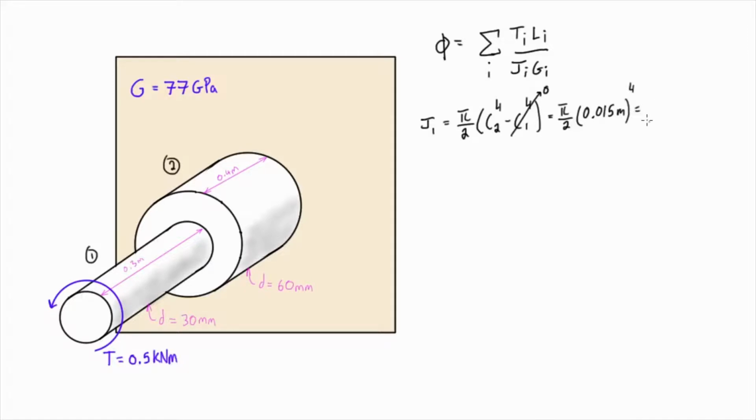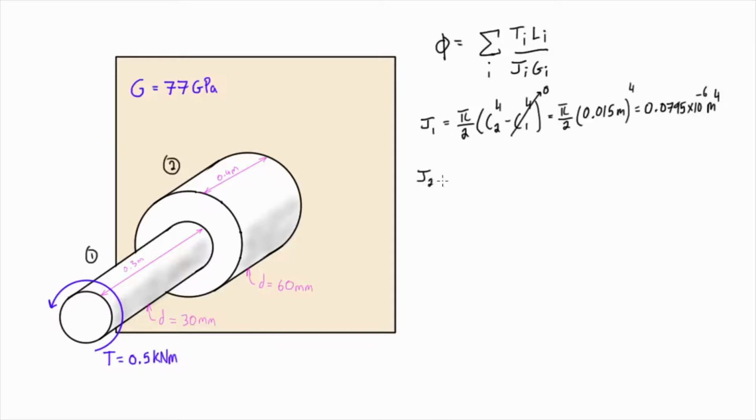That's going to give us 0.0795 times 10 to the minus 6 meters to the power of 4. We want to put it into units of 10 to the minus 6 because you'll see in a second, when we plug it into this formula, that we're going to be able to cancel out a whole bunch of units, and it's advantageous to have it in this 10 to the minus 6.